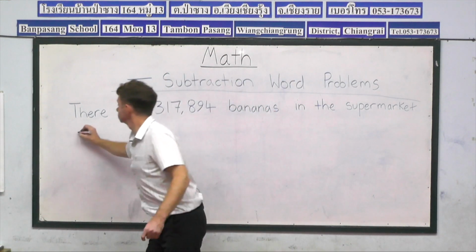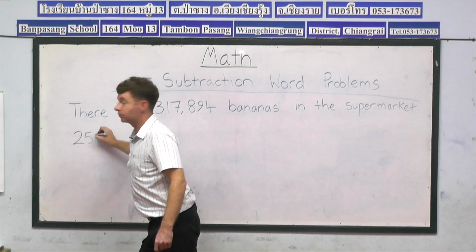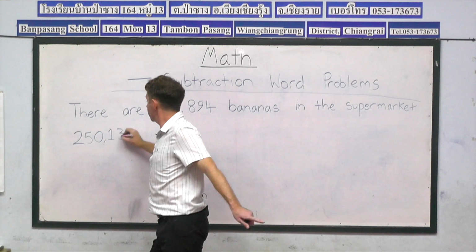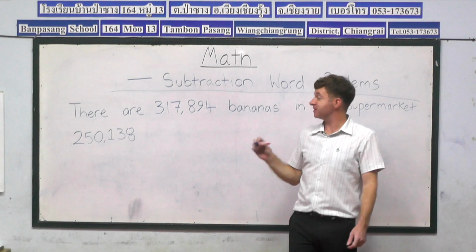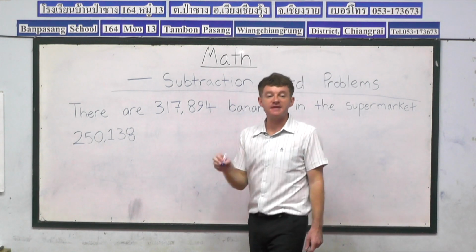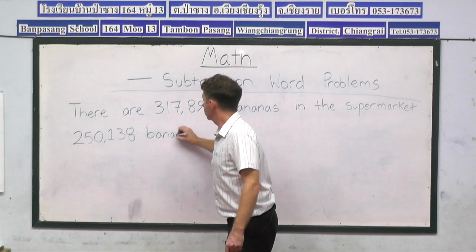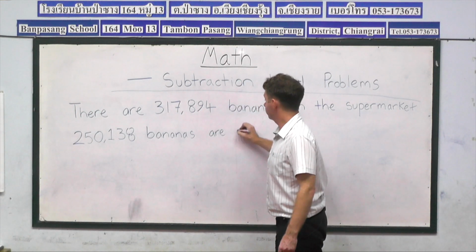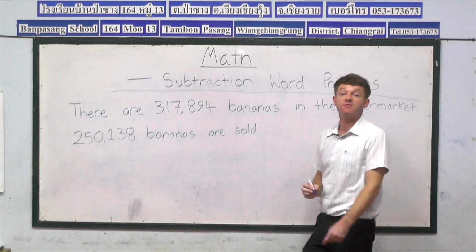2, 5, 0, 1, 3, 8. 250,138 bananas are sold. S-O-L-D. And now, time for our question.